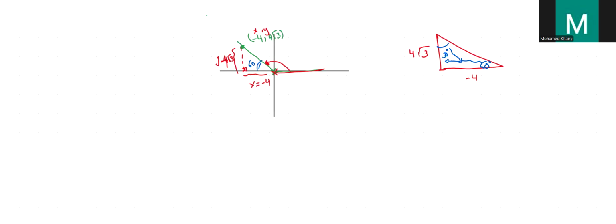And how can I get the red one? We say 180 degrees minus 60 equals 120. Excellent. Okay, let me give you another example.